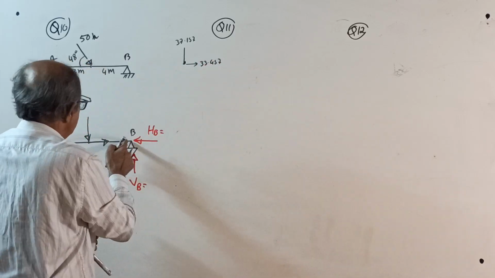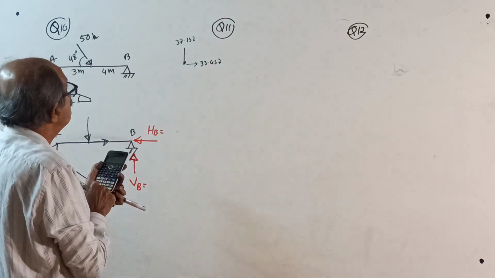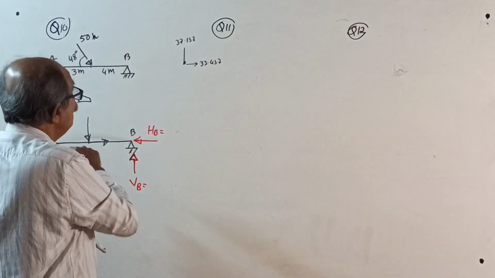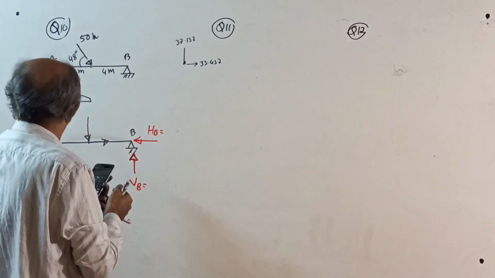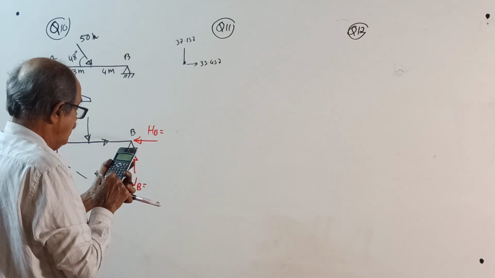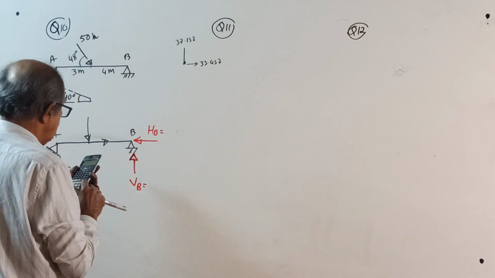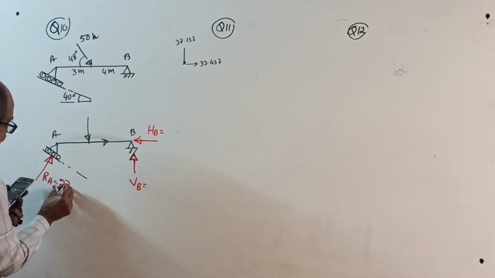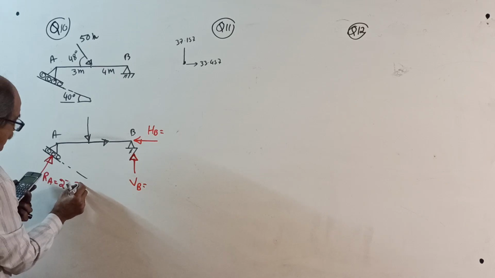In that case, if I take moment about this point, 37.157 into 4 divided by 7 will give the vertical component here. Angle is 40, divided by sine 50 will give this reaction. You never bother how I got. 27.717 kilonewton.